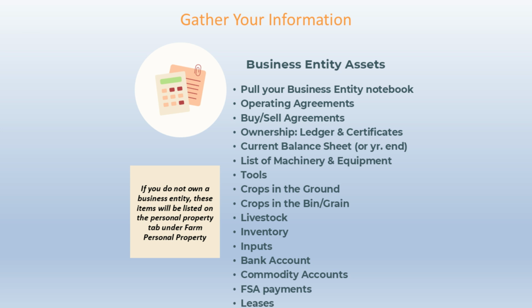Your attorney may want these agreements to know if there are any terms or conditions in the agreements that could affect your transition plan, such as who may be owners and what happens to ownership when an owner dies. If you can't find your copy, you can check with the attorney who drafted the agreement. They may have a copy in their files. We probably won't input this information into the farm spreadsheet, but these documents will be important as you develop your farm transition plan.